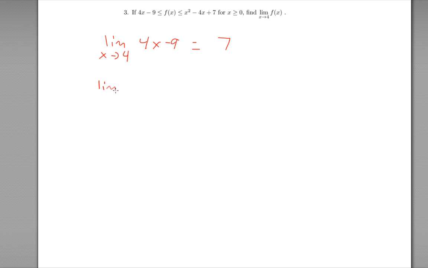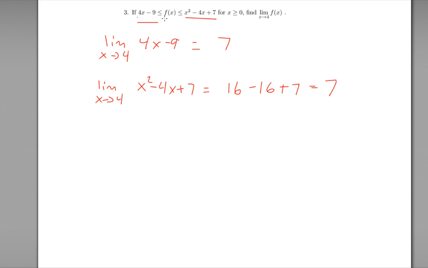Now let's take a look at the limit as x goes to 4 of the bigger function, x squared minus 4x plus 7. Okay, so this is no problem. We can just evaluate this limit by plugging in 4. So this becomes 16 minus 16 plus 7. So this also equals 7. So we have the bottom function going to 7 as x goes to 4, and we have this one going to 7 as x goes to 4.